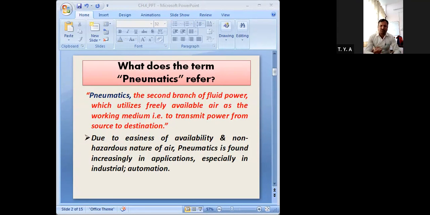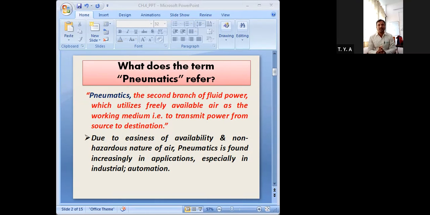So air is the most used fluid in the pneumatic system, and it has to be compressed air. Why is air used? Because of the easy availability of air and its non-hazardous nature.